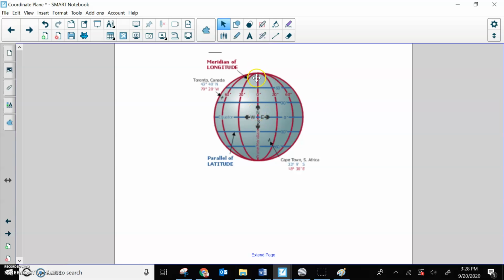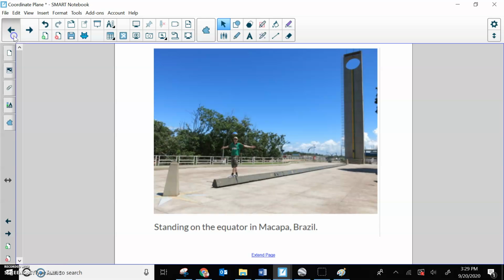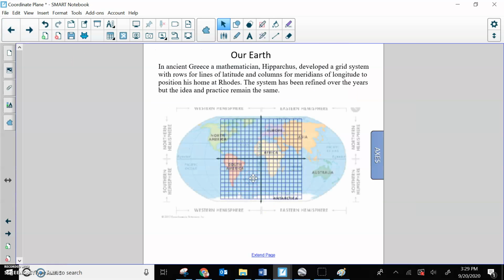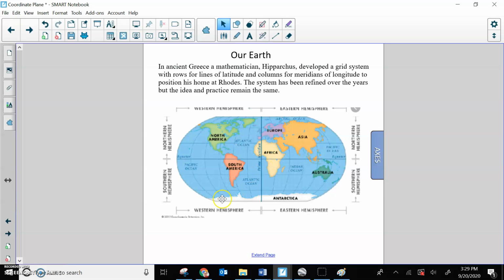If you can imagine other lines in here, there's 30 of them just going from 0 to 30 degrees, and that means all around this Earth there would be a total of 360 degrees all the way around right there. And that is how the coordinate plane is used on our Earth right here.